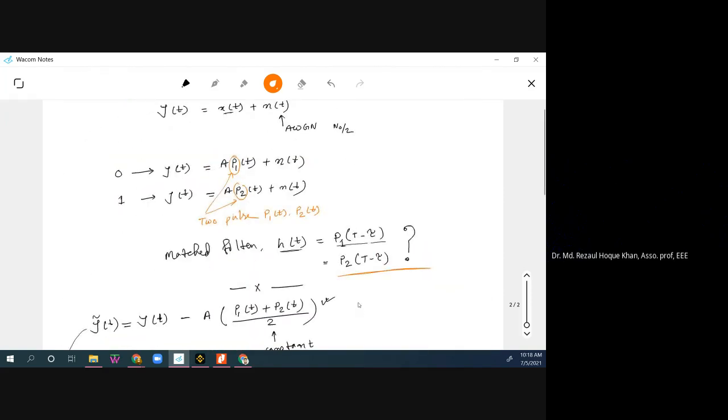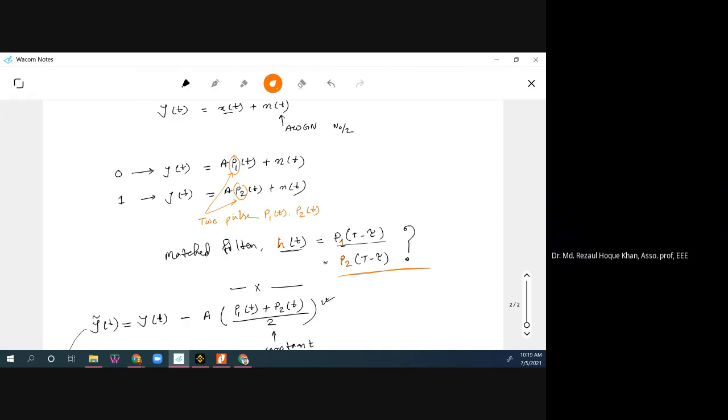We can actually find this solution. Previously, we had the dilemma of h t, how the filter responds, whether it should be equal to p1 or p2, because we did not know. So far our experience was that the filter response should be equal to the pulse response while we had a single pulse. Now we have two distinct pulses, p1 and p2, but which one should it be equal to?